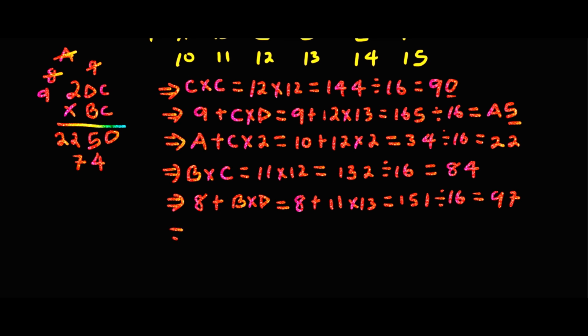In the next step, you start with the carry. The carry is 9, plus the next multiplication, which is B times 2. So that is 9 plus B, and B is 11, times 2. So 9 plus 11 times 2 is going to be 31.